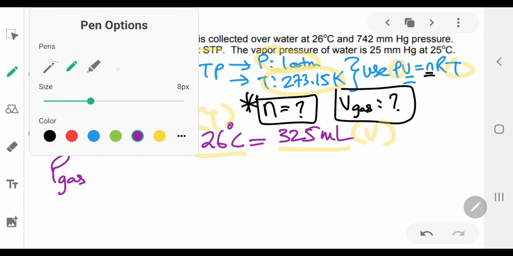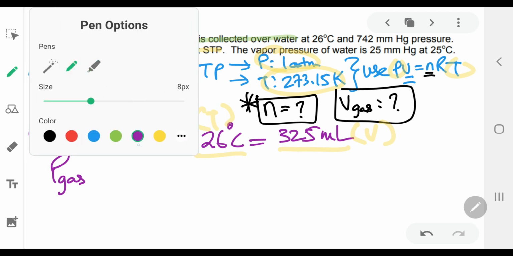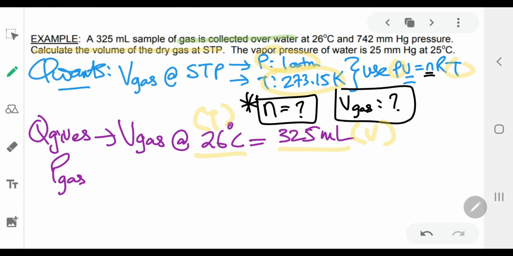Because when you look at the question here, you have the words gas collected over water. So this is also the water displacement method. When you see a clue like this, that means you need to consider water displacement. So to find the pressure of gas, we need to consider P total minus the partial pressure of the water vapor.